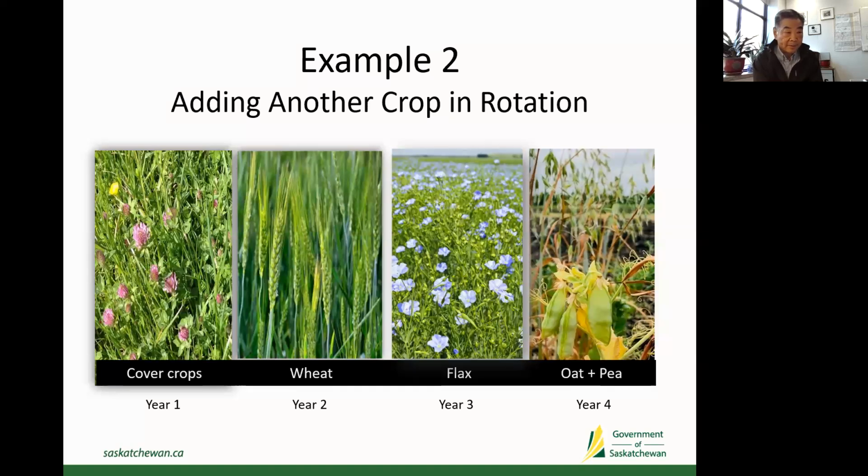Actually, flax does need nitrogen to grow, but the yield is normally low compared to others, like oats. And so it uses less nitrogen because the yield is low.